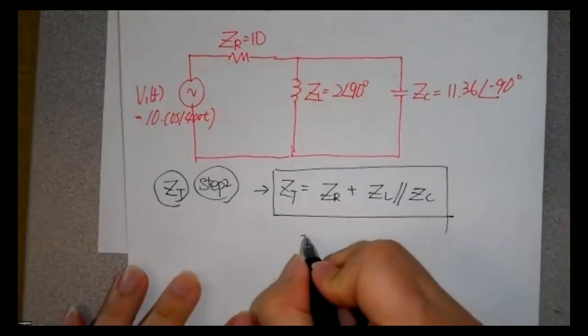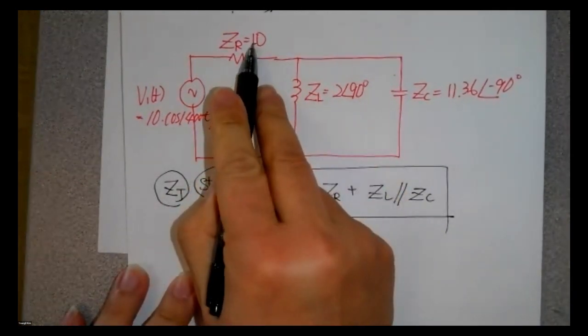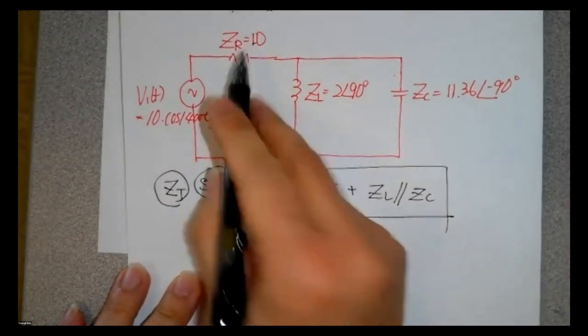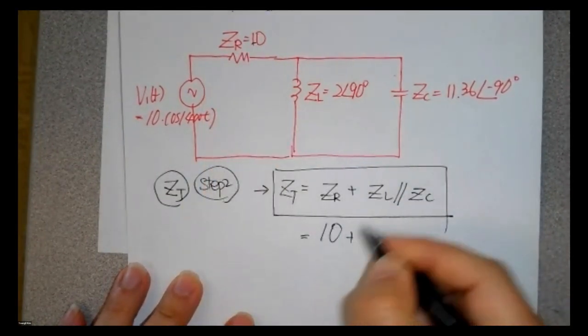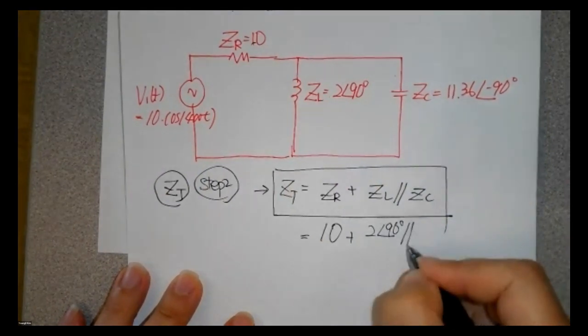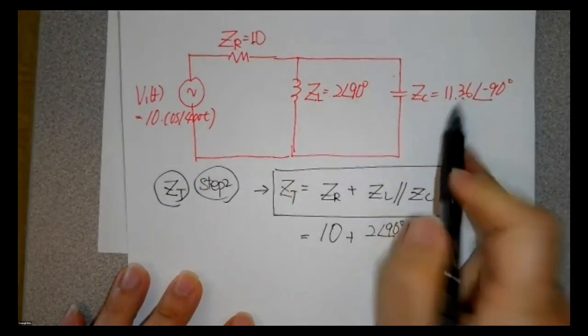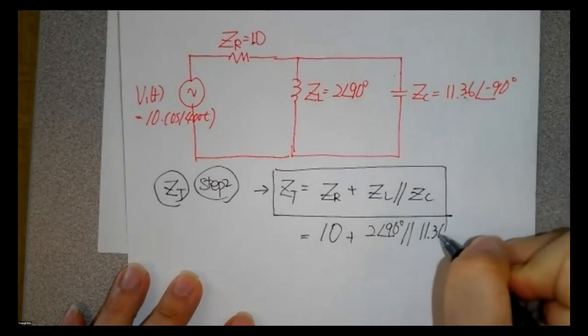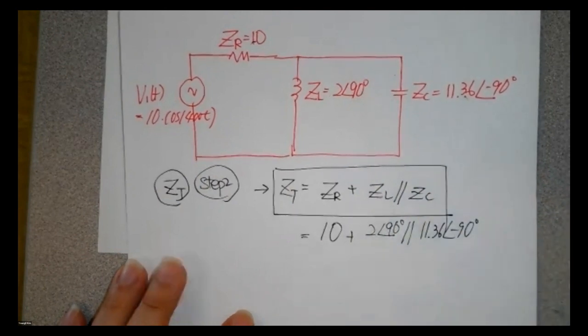So the Z sub R is what? That is the 10 here. And then the Z sub L is 2∠90, and then Z sub C is 11.36 at minus 90 degrees.